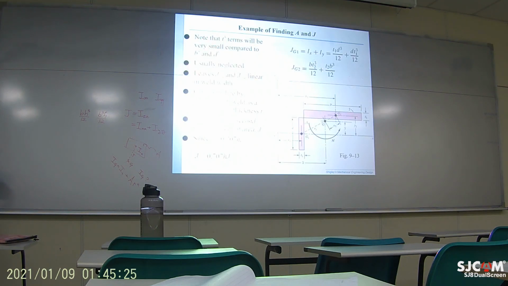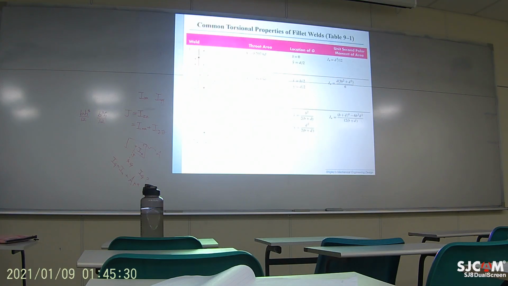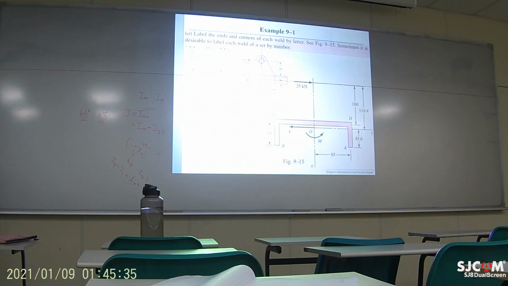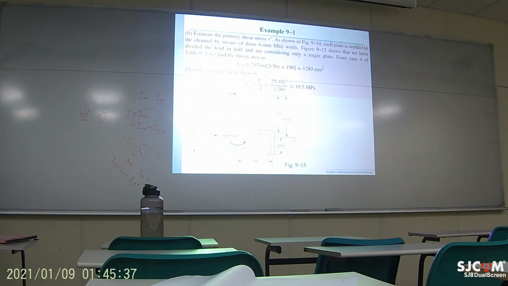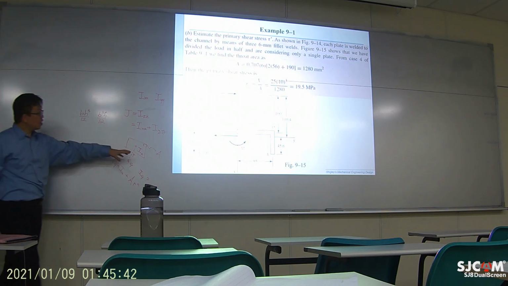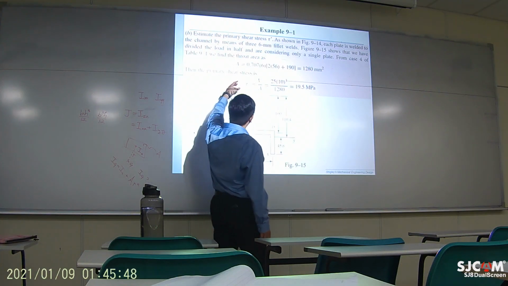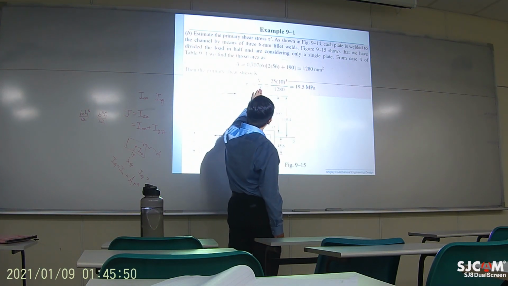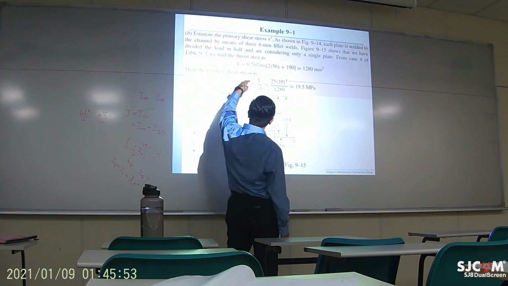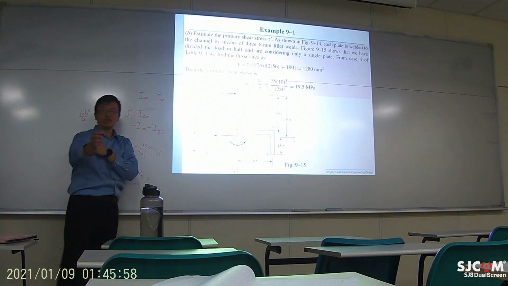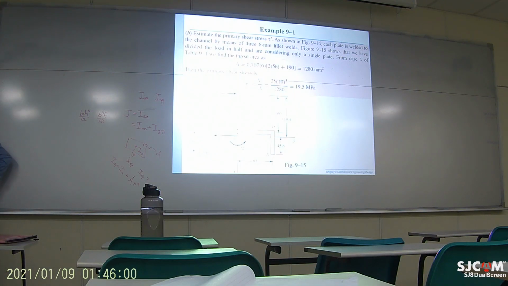So the second half, basically, once you have the J's, you can then apply it to the stress, like this particular problem. Okay, you can see the weld geometry looks like this, and you compute the total area, and there is a certain force applied. So force over area, that's the stress along the force direction.